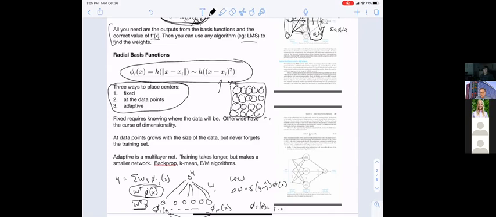We have a fixed set of basis functions. It fails badly as you go to high dimensional spaces. Even if I just have 2 basis functions per dimension, in this case I drew it as 4 basis functions per dimension, the number of required basis functions will go as 2 to the d, where d is the number of dimensions.